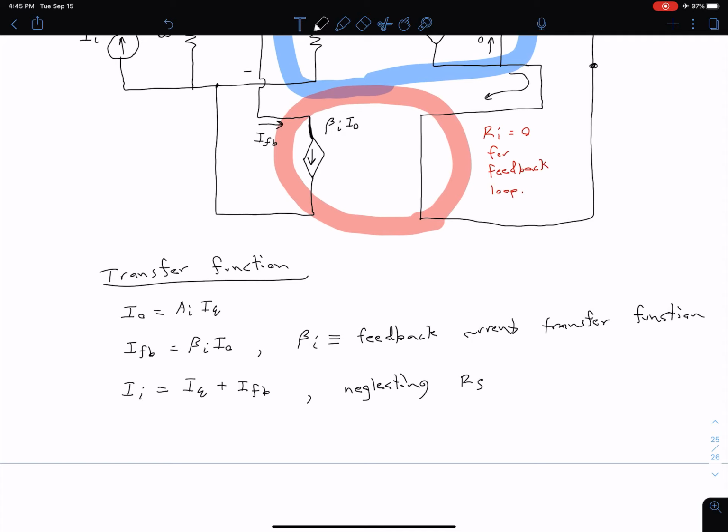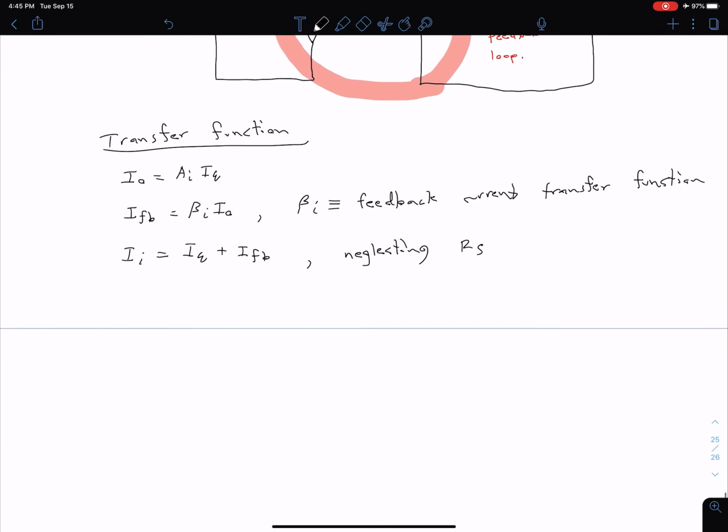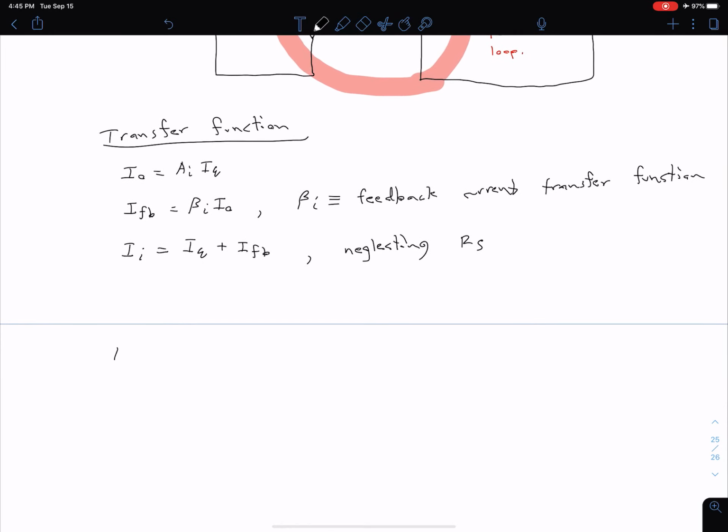Okay, so now what we want to do is combine all of these equations and see if we can figure out our transfer function equation. We can start by saying our error current is equal to our input current minus our feedback current, just rearranging that last KCL equation. And we know that our feedback current is really just beta_I times our output current.